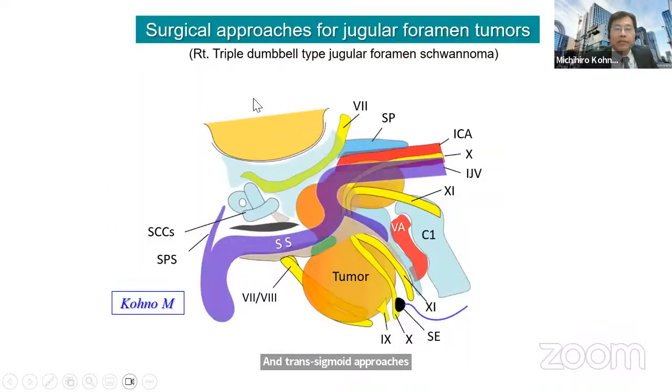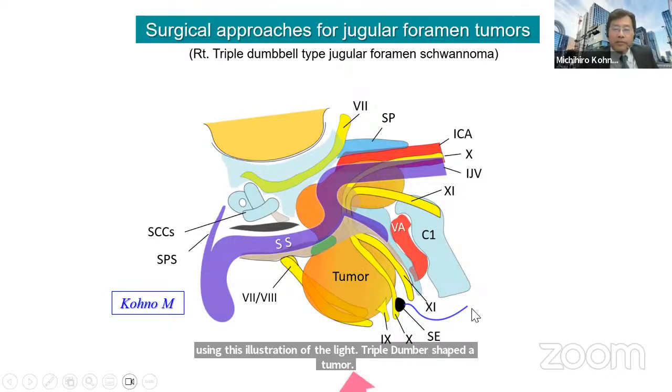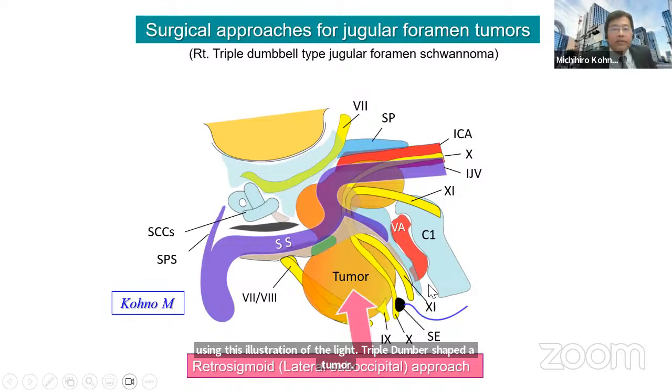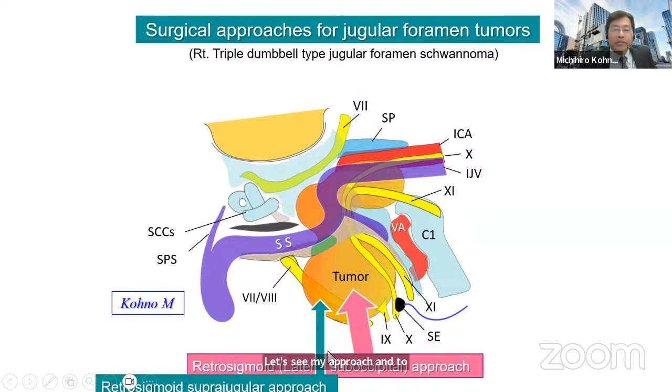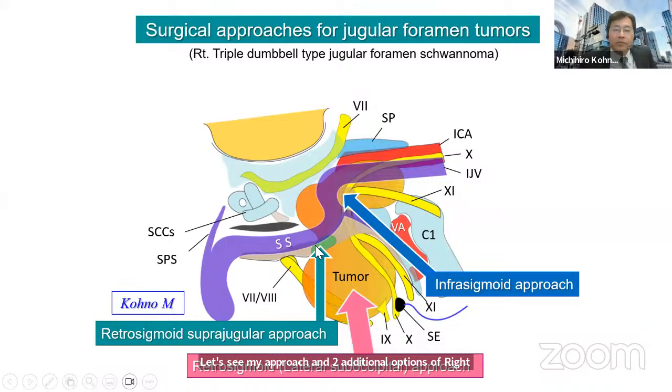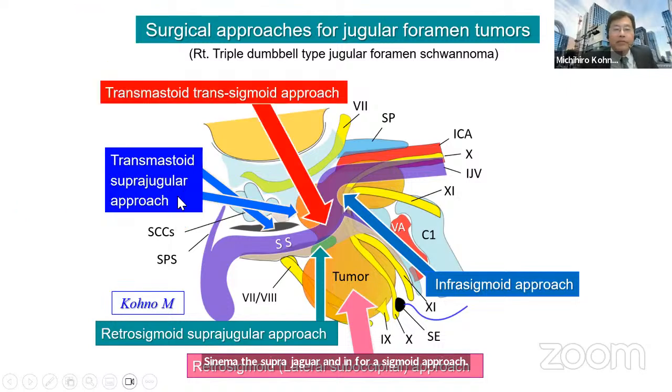Using this illustration of a right triple dumbbell-shaped tumor, the retrosigmoid approach and two additional options of retrosigmoid suprajugular and infrasigmoid approaches, and transmastoid suprajugular and transsigmoid approaches are like this.